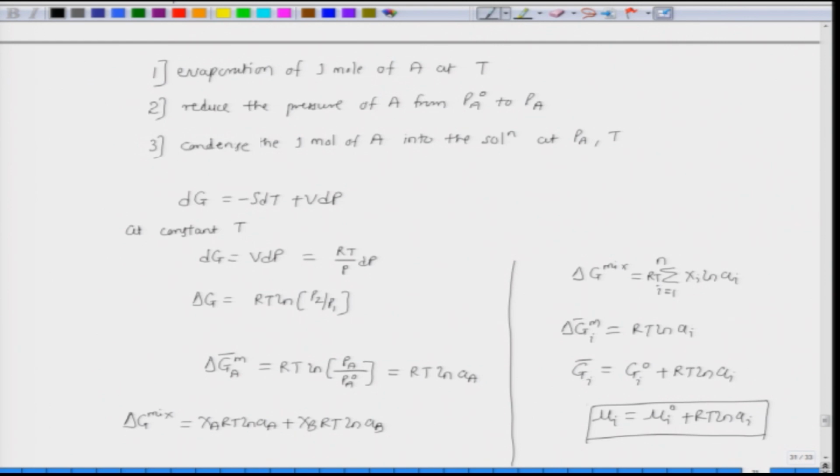So, essentially the solution thermodynamics boils down to the study of the temperature, composition, vapor pressure interrelationship.